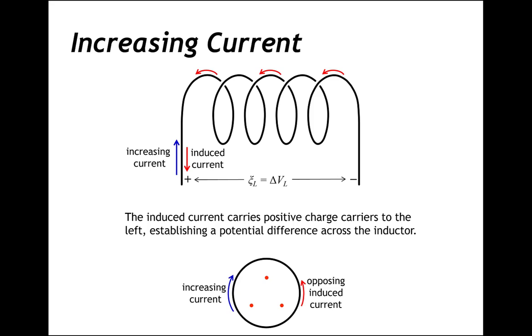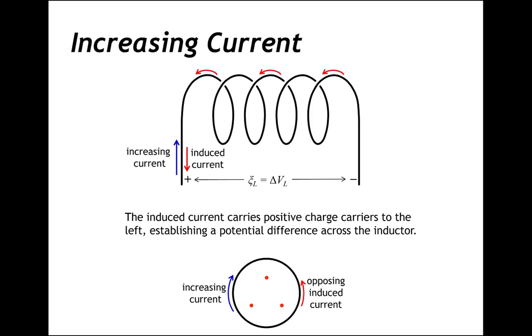And this is because of the induced current that causes the charge separation in our inductor. So to summarize, with this increasing current creating an increasing magnetic field, causing an increase in magnetic flux, there is an opposing current that tries to counteract the increase in magnetic flux.